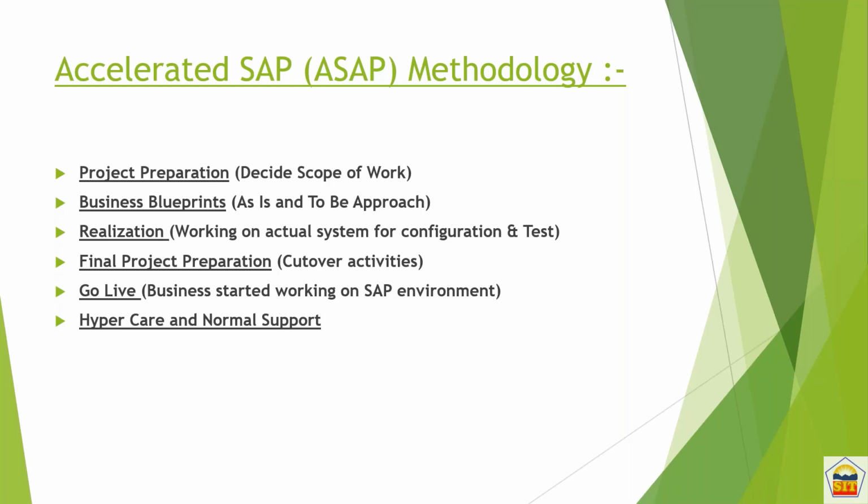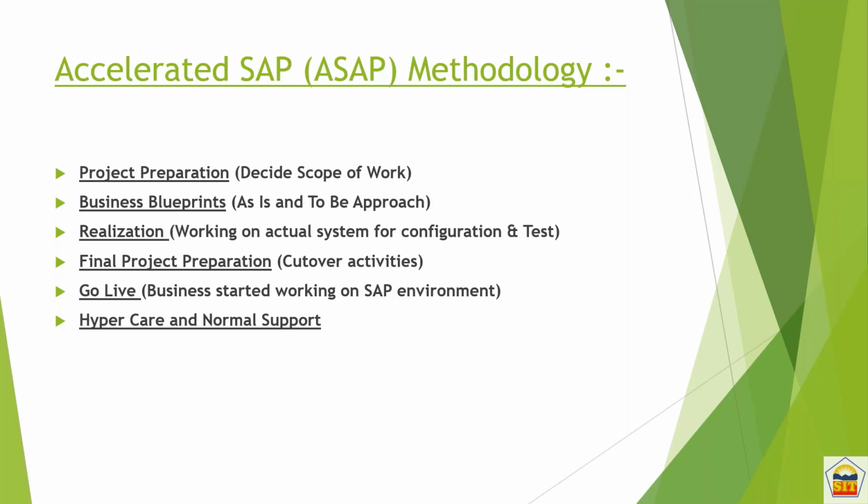So first we'll go with the first step, which is the project preparation. Here we will be deciding the scope of the work. What are the functional areas we will be covering, and within those functional areas what are the business processes we will be covering. So this we will be understanding under the first step, which is the project preparation.